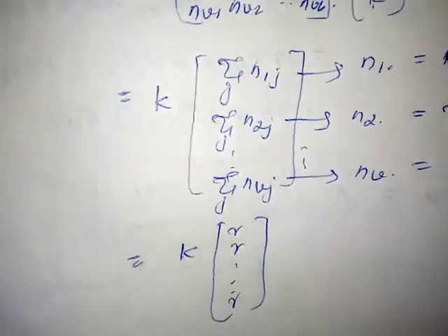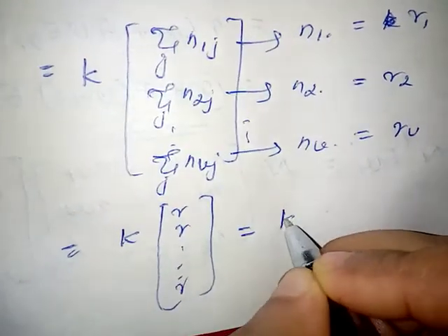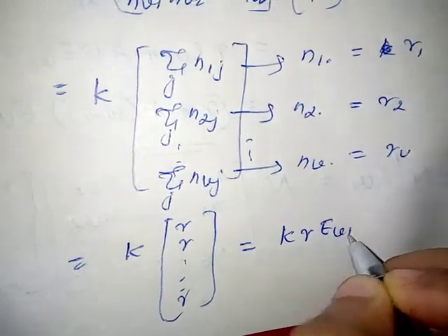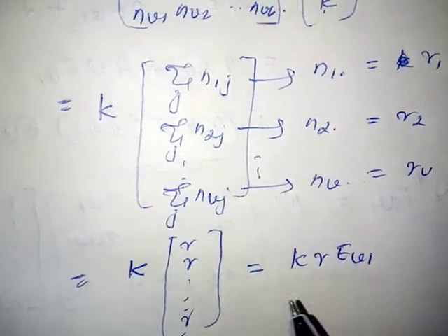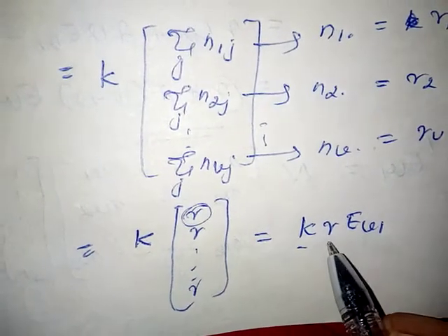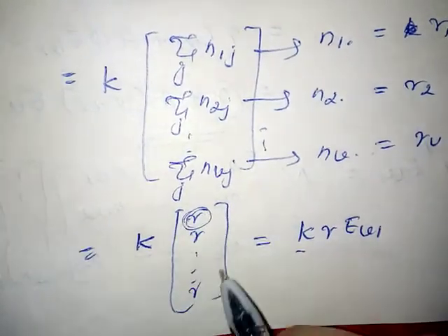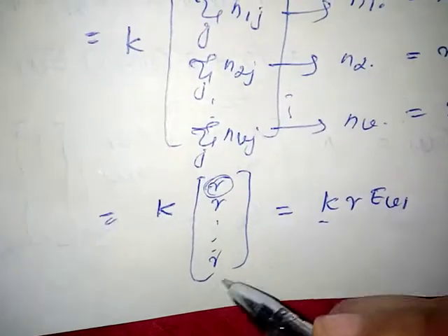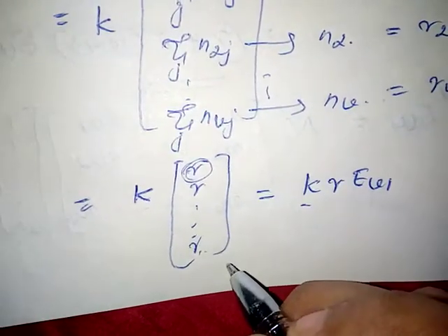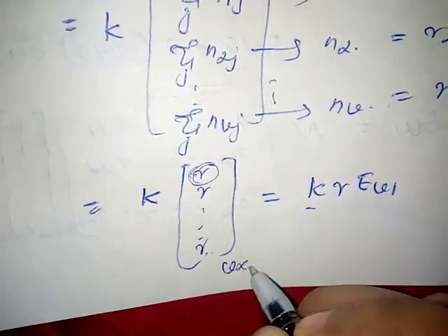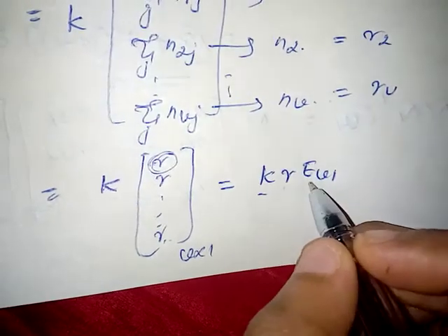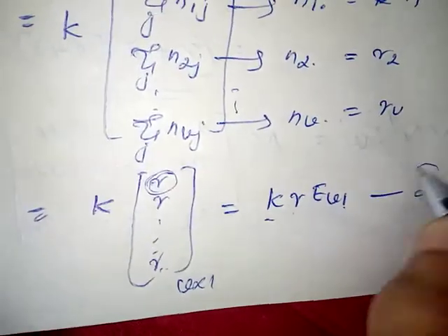We can write it as k into r E_v1. Here the r term is a column vector of element r of order v cross 1, so we can write this matrix as r into E_v1. Equation 2.